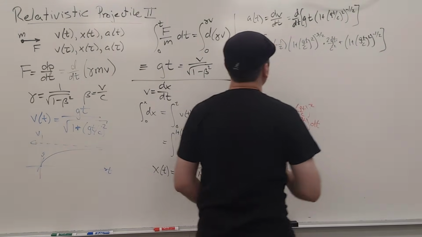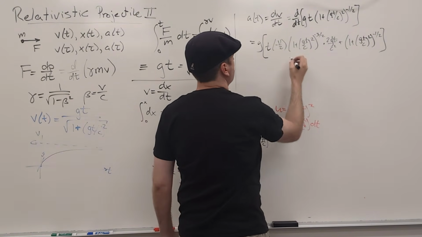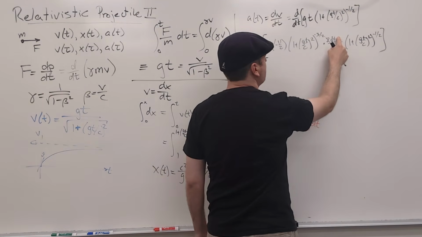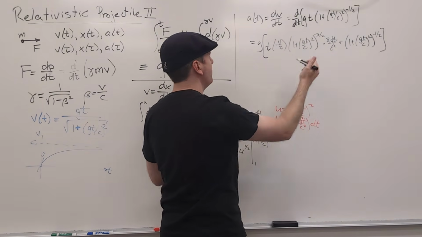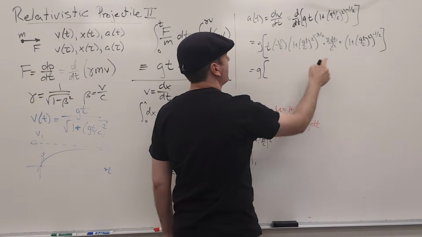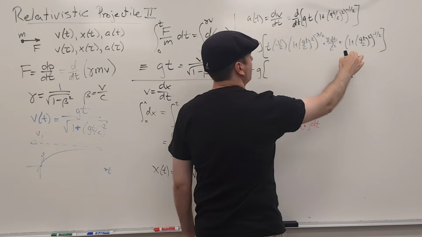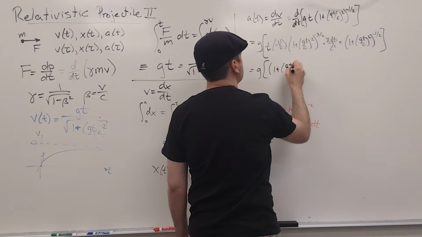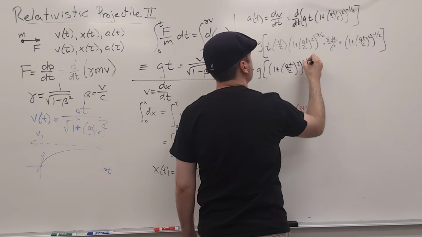Okay, now this can actually be cleaned up a little bit. First of all, this 1/2 and this 2 cancel out. This t and the g's and c's kind of play nicely. Let me rewrite this a little bit. This last term is 1 plus gt over c quantity squared to the minus 1/2.